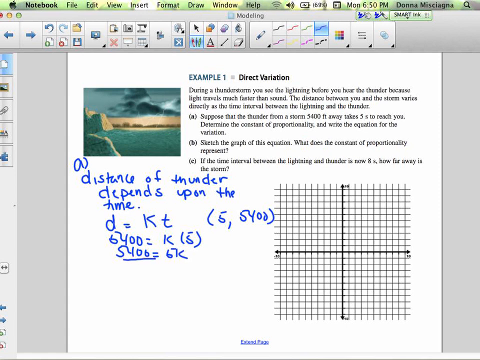All we have to do is divide both sides by 5, and 1,080 is equal to k. So that means that our equation is d equals 1,080t. That equation expresses the relationship between the distance of the thunder and the time. So I just answered part B, by the way.